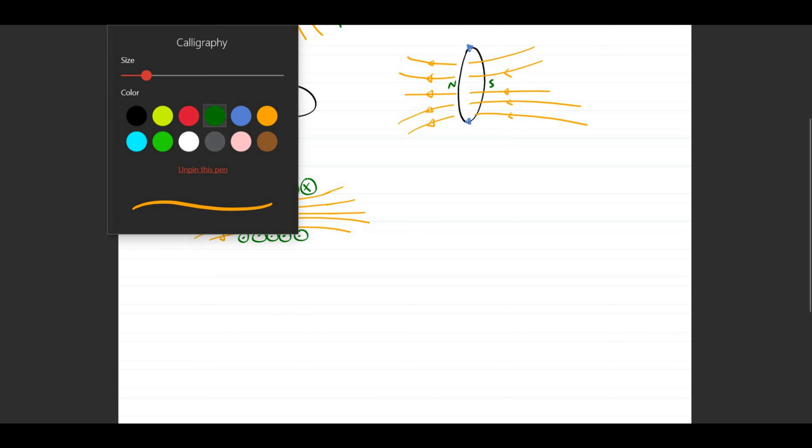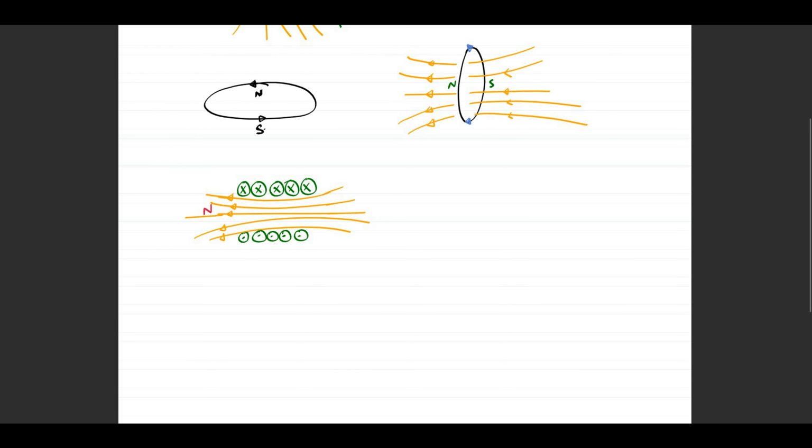So can I say this end is behaving as north pole and this end is behaving as south pole and this entire thing is behaving as a magnet, and you can see inside it is going from south to north. So this is how loops are going to behave as magnetic dipole.